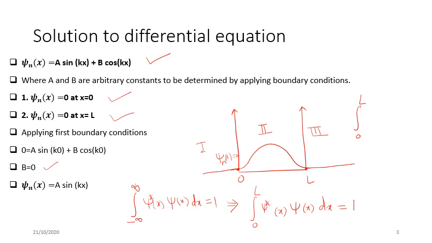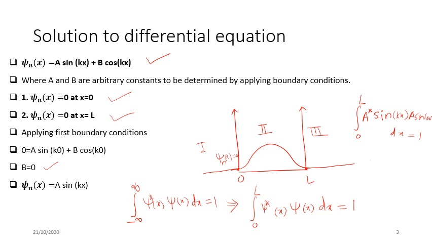So we have the integration from 0 to L of a star sin kx into a sin kx dx, which is equal to 1.